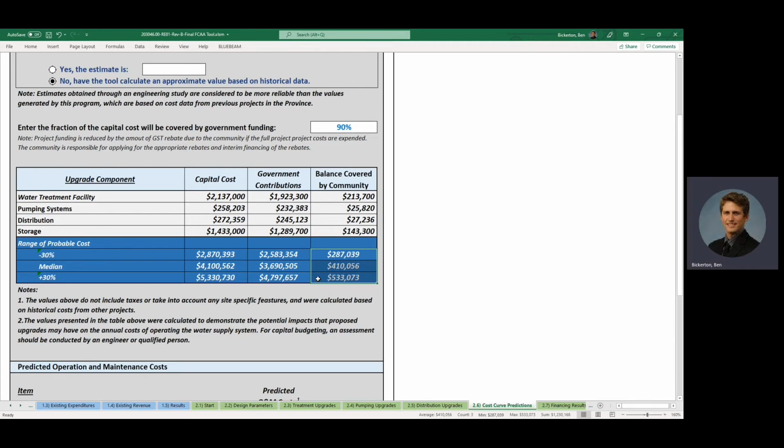So this is calculated based on historical costs from other projects, but certainly any given community may have project costs that fall outside this range due to site-specific conditions.